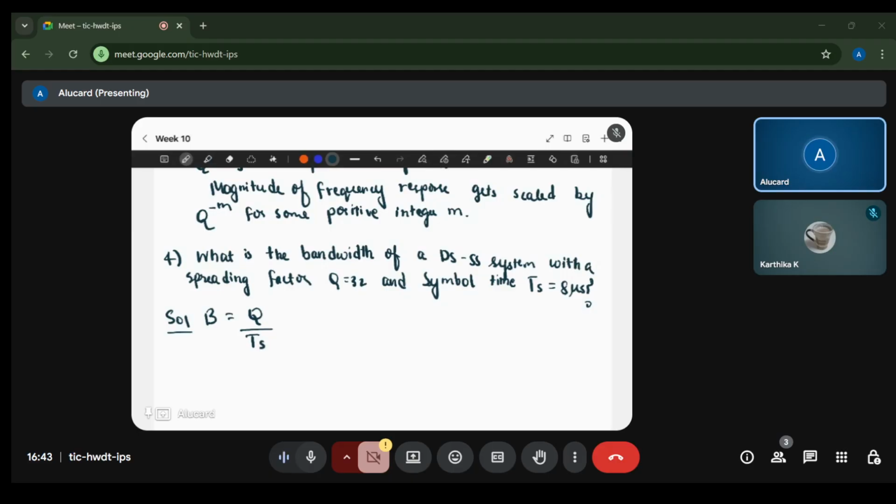You have been given q and ts, you can find bandwidth from that using the formula. Actually, this is 1 over tc, which is q over ts.